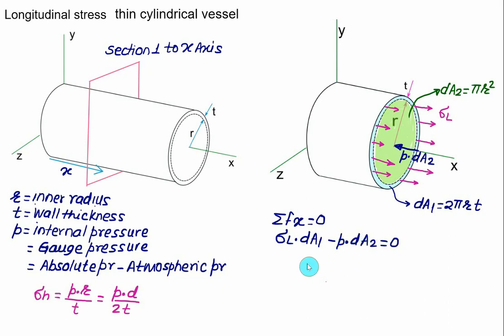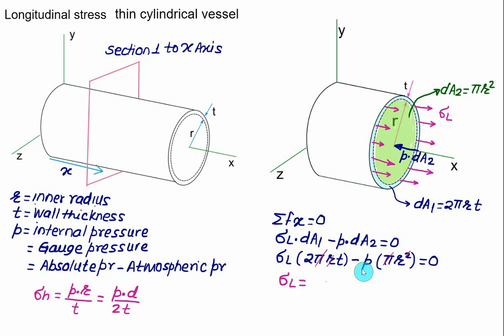Let's substitute and solve this. We have sigma L, dA1 is the circumference 2 pi r multiplied by t, minus P, and dA2 is a circular area, pi r square, equal to 0. The pi term gets cancelled, and one of the r terms gets cancelled, leaving only one r.